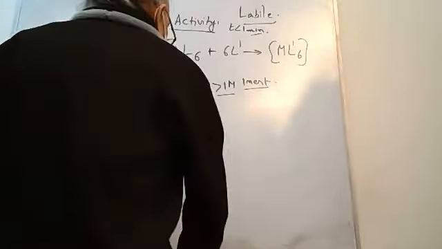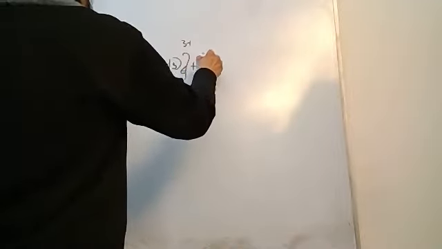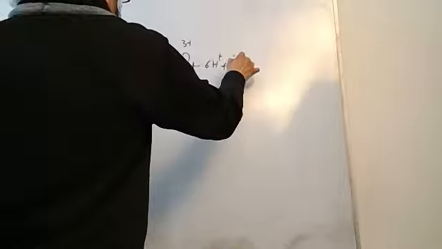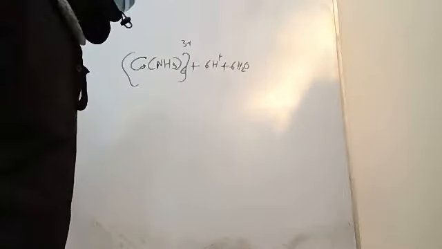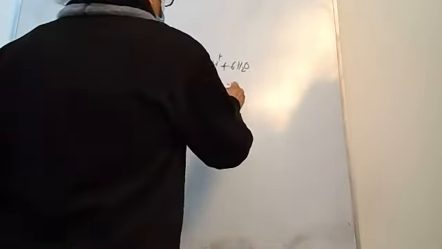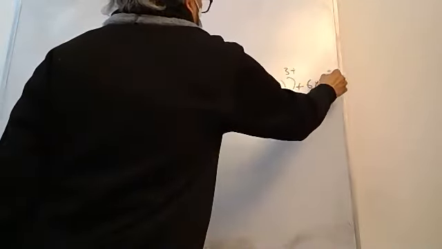So let's look at a real life complex, not L and L'. Let's say I have the hexaammine cobalt(III) complex, and I were to treat this with H2O in the presence of acid, so the expected complex is going to be hexaaqua cobalt 3 plus and 6 NH4 plus ions.